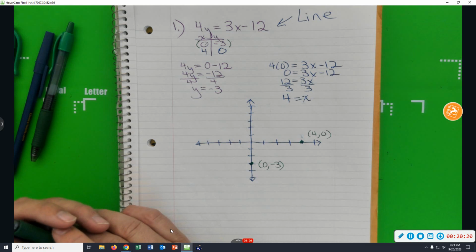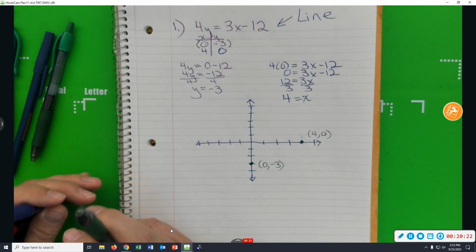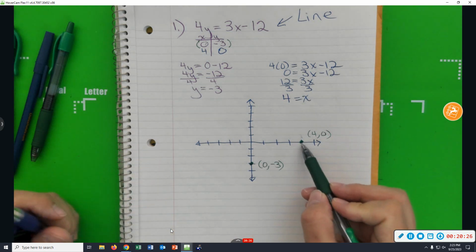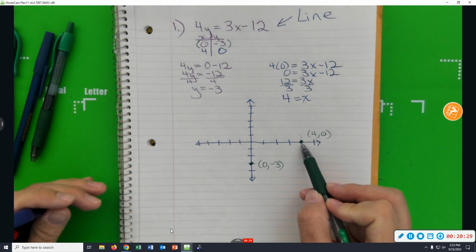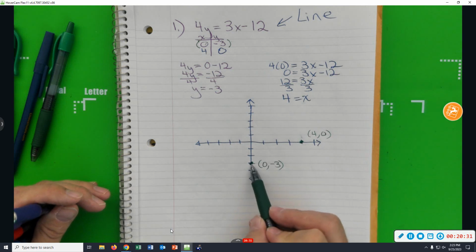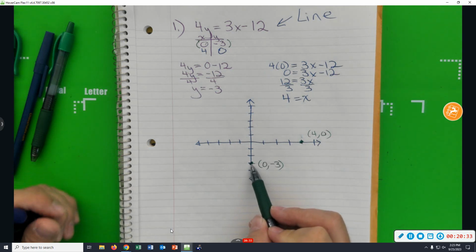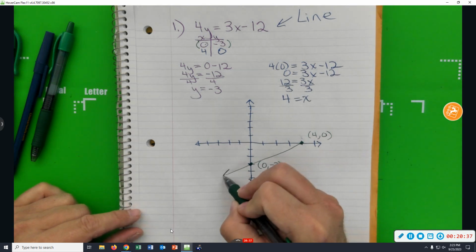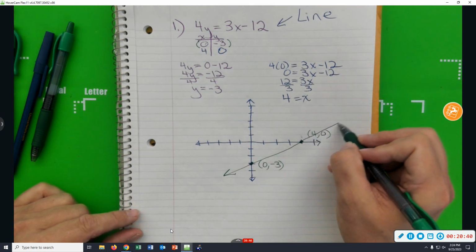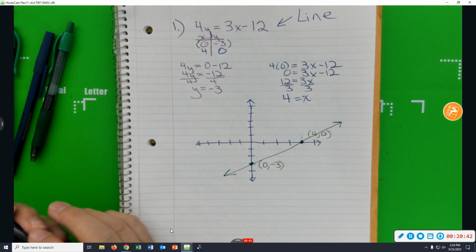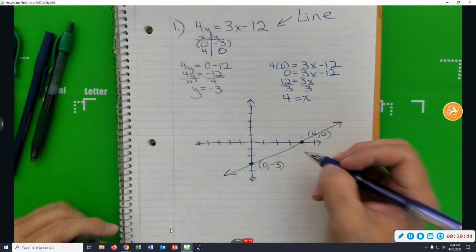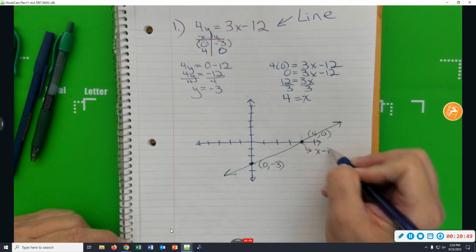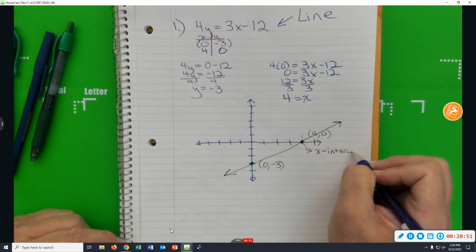The points where graphs cross the axes are referred to as intercepts. This green dot here is the x-intercept. This one here will be the y-intercept. Draw the line to the best of your ability. Connect those two dots with a slanted line. As I said, this point here is the x-intercept.